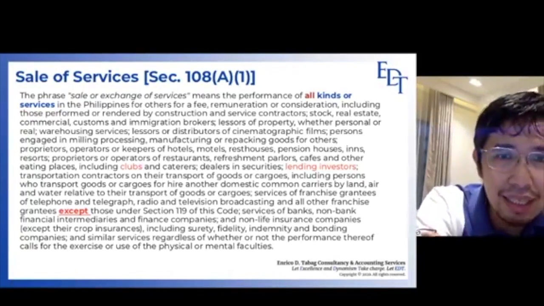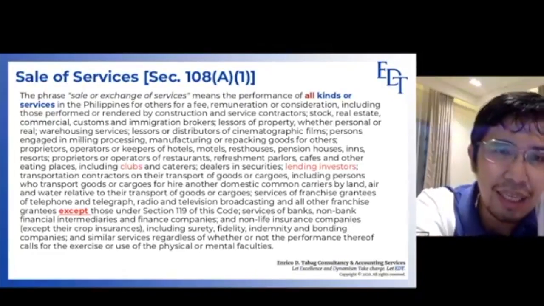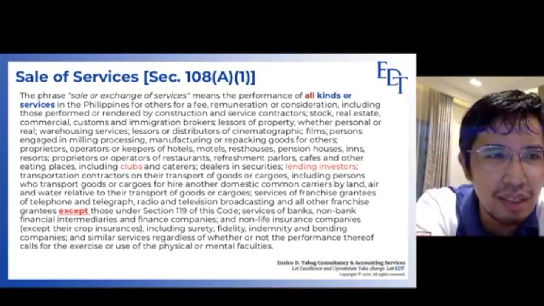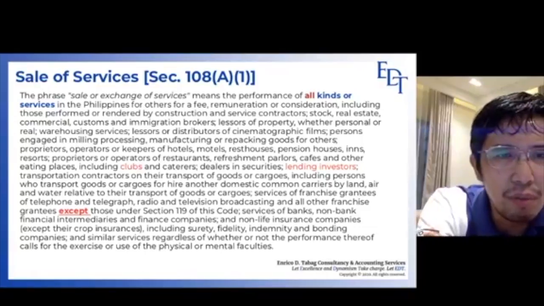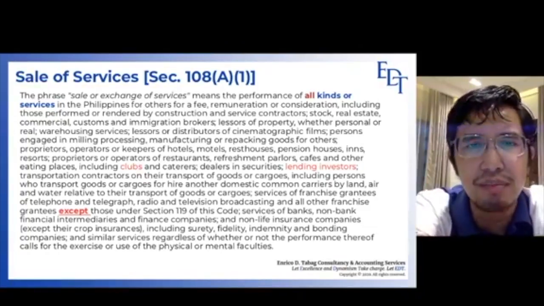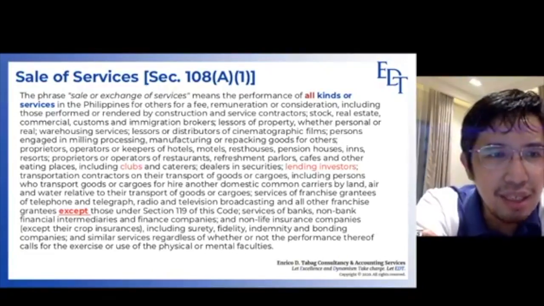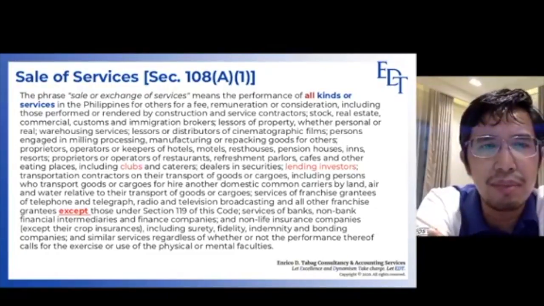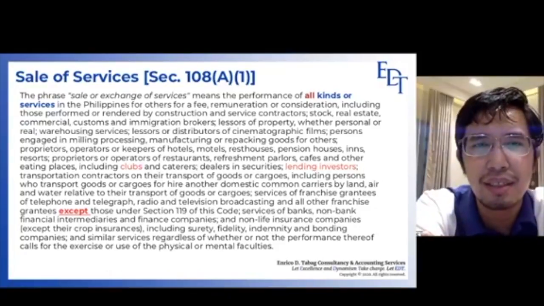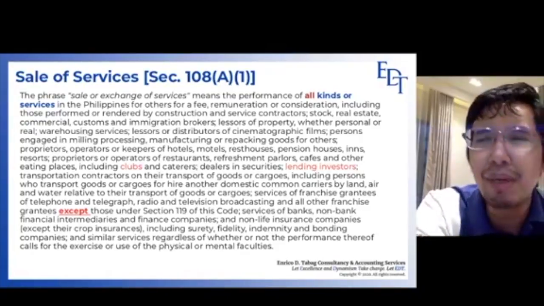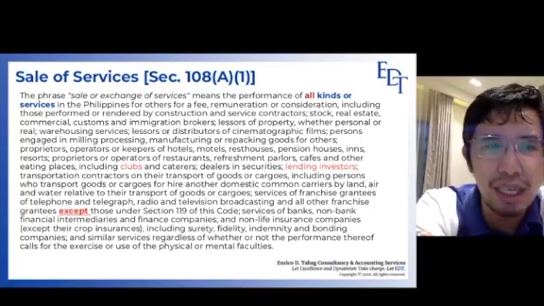So kagaya ng bayad, remuneration, consideration, including those performed or rendered by construction and service contractors, stock, real estate, commercial, custom, immigration brokers, lessors of property, blah, blah, blah. So, I think, basahin mo na lang yan.